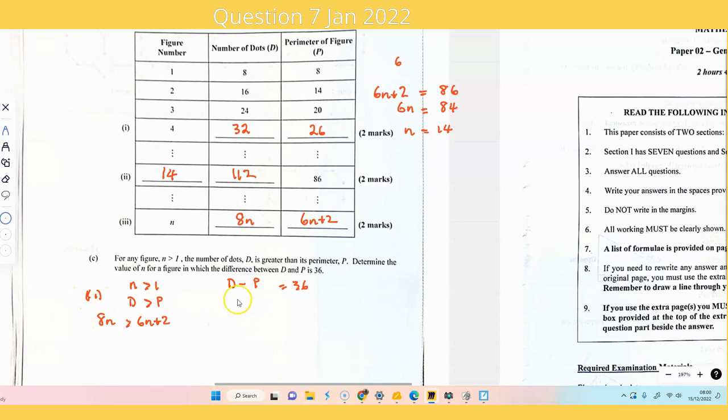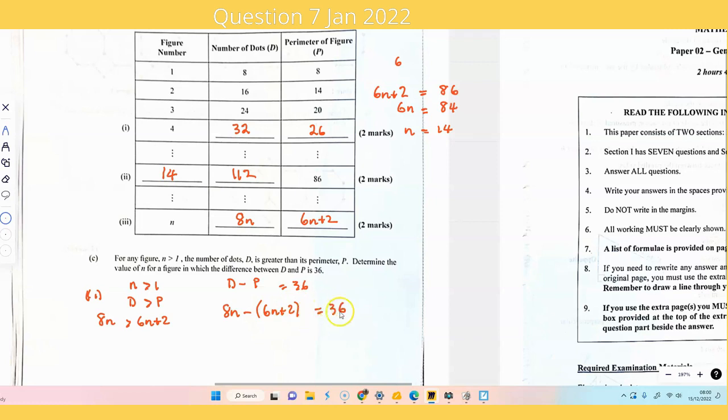Next thing, D minus P. So we have D as 8n minus P, which is 6n plus 2. I'm going to put this in brackets because we have to treat it as a whole: 6n plus 2, and that must equal 36.